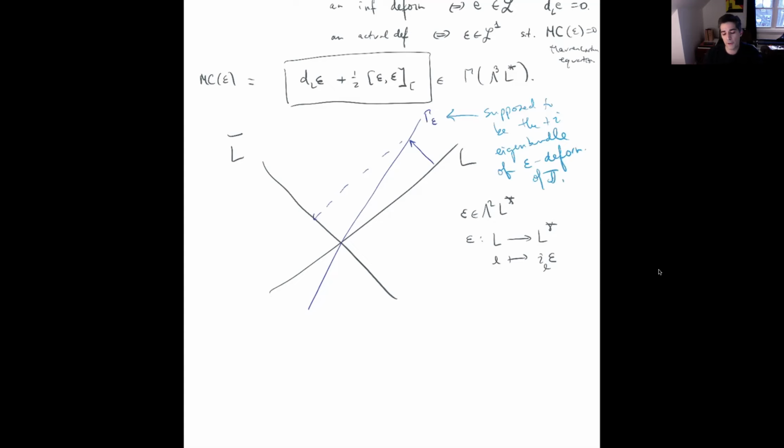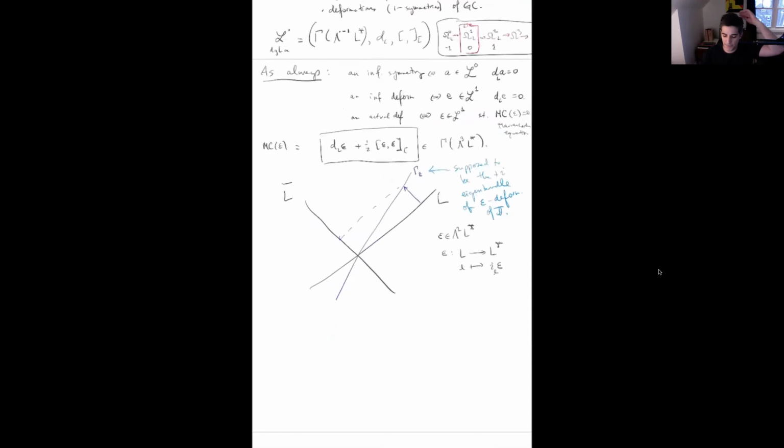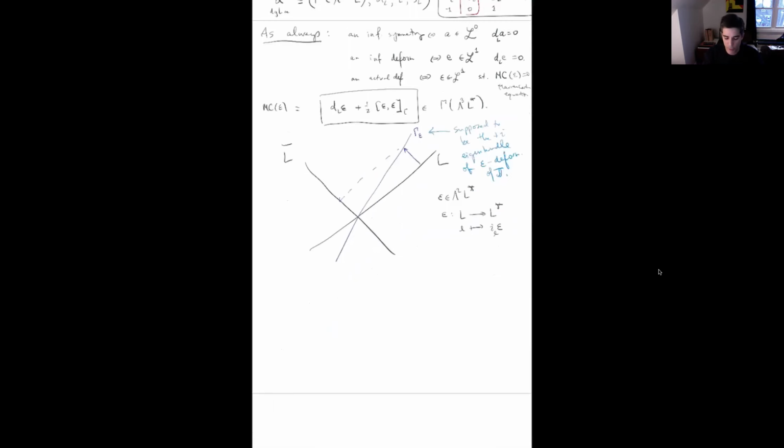And in order for this thing to be a genuine deformation, what we need is that this graph is involutive. And if you write down the involutive condition, you get exactly this. So it comes down to the Lie algebroid differential and the bracket on the L bar part. So the Maurer-Cartan equation is exactly the involutivity of the graph of epsilon.